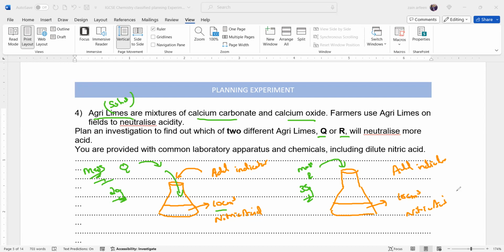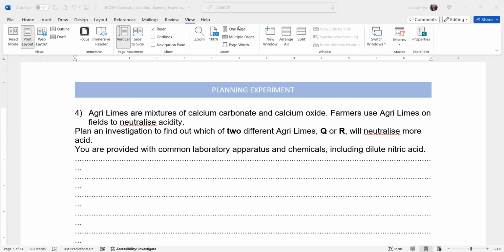Once it shows a color change, you compare the volume of acid required, and the one which required a greater volume of acid to neutralize is the better Agri Lime. This is adding Agri Lime before adding acid. Another way of doing the same experiment is using a spatula to transfer equal amounts of Agri Lime Q and R into a conical flask.